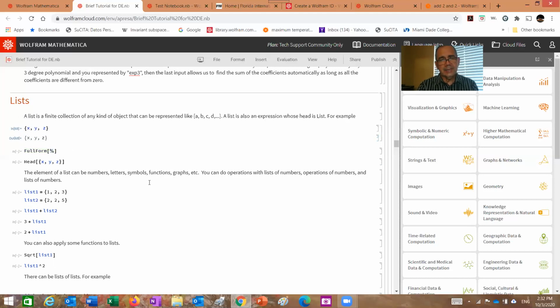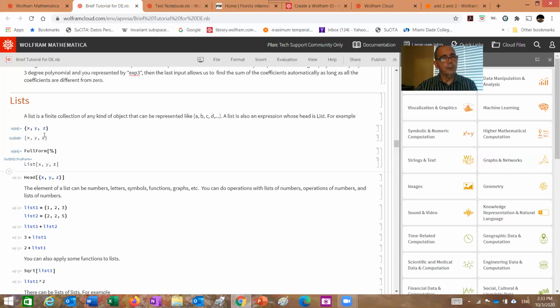And then you press Shift Enter, and you get the full form of the list. The full form of the list is always like this. The head is always List, and then the elements of the list are the arguments of that list. So we can see any list as an expression that has a head. The head is always List.